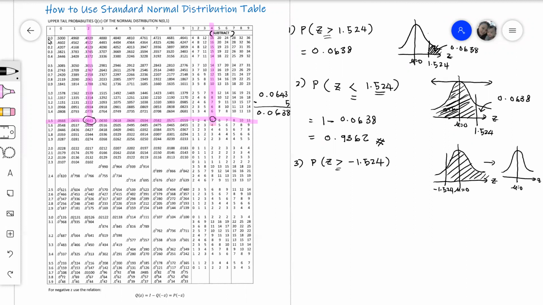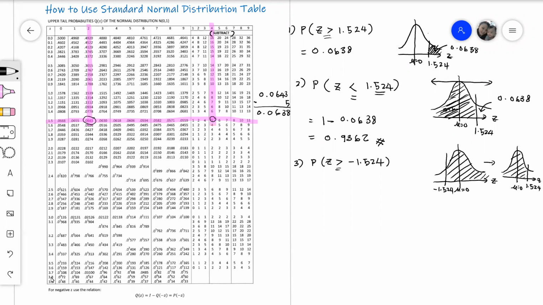The smallest is 0.0 and the biggest is 3.99, so there is no negative z over here. So we just need to flip our bell curve. When we flip it, the negative 1.524 will become positive 1.524, because after all, the graph is symmetrical, and the shaded part still remains the same.